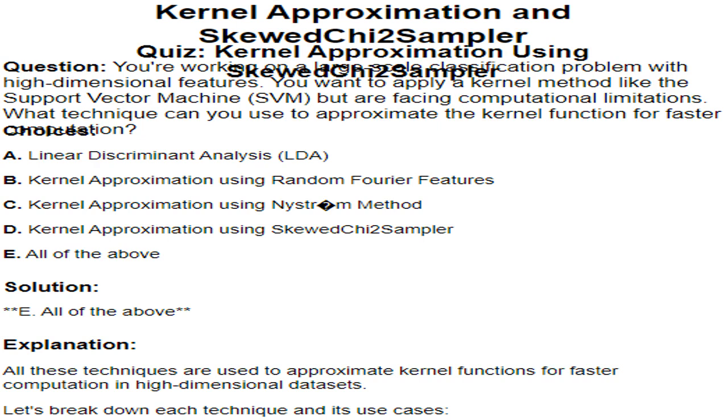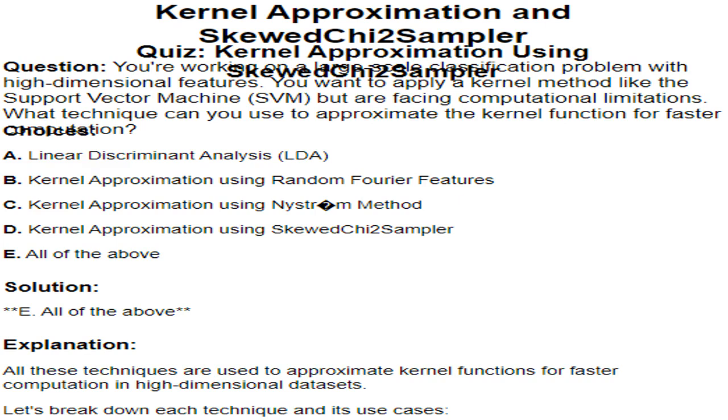Consider a dataset with millions of data points. Calculating the kernel function for every pair of data points would be computationally expensive. Kernel approximation techniques like random Fourier features aim to find a faster and more efficient way to approximate the kernel function, reducing the computation time significantly.